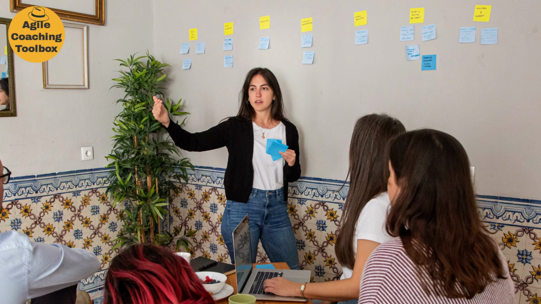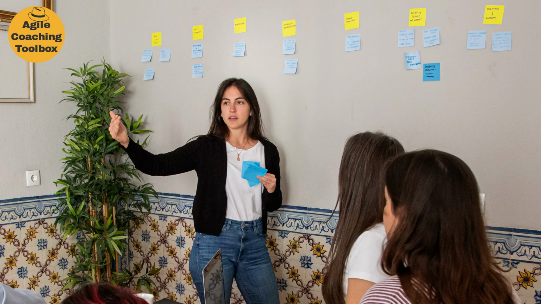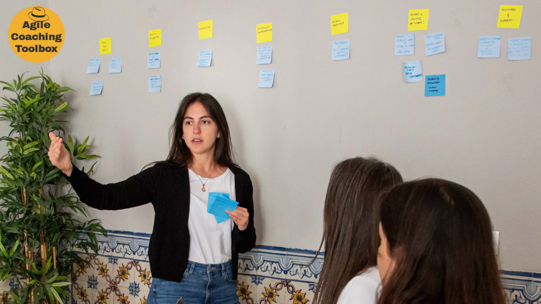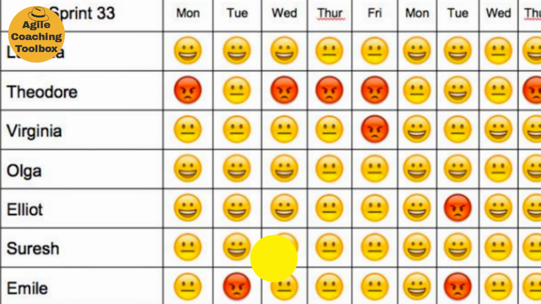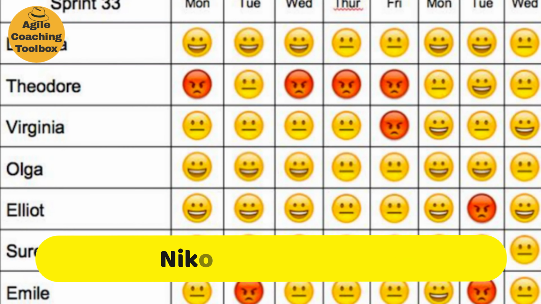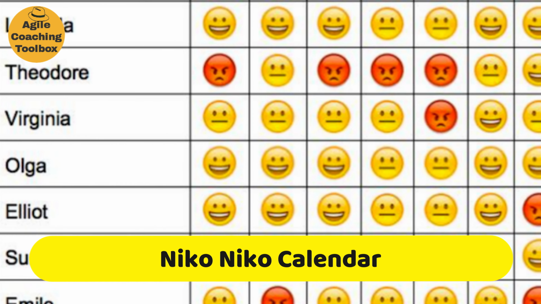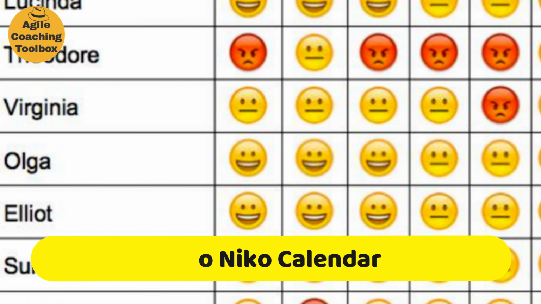To some extent, team engagement can also give us insights into the team's satisfaction. There is another tool I want to bring up called Niko Calendar, and you can use that also to gauge the team's morale during your sprints, team's mood during your sprint.